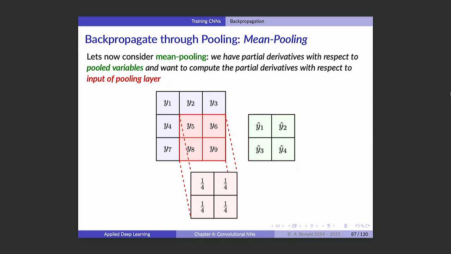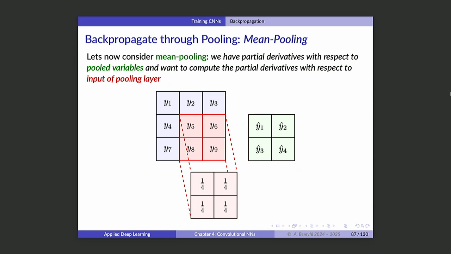So what is that derivative? What is it? 1/4. You see it, right? Because what is y hat 1? Let me write it here. y hat 1 is y1 plus y2 plus y4 plus y5, divided by 4, correct?